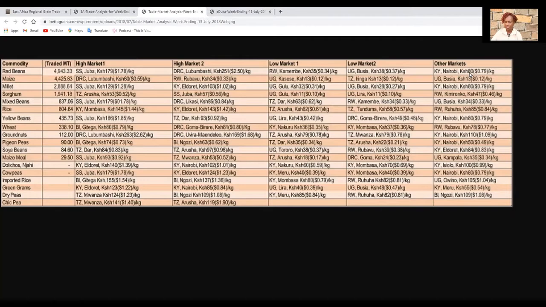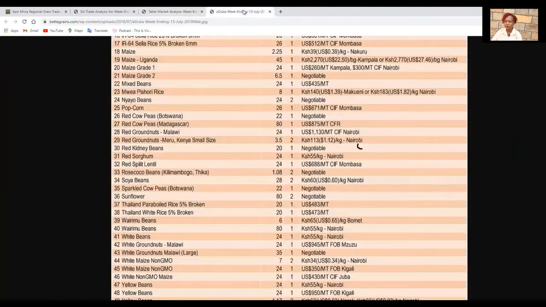For example, if you're in Kenya and you can see in Juba, it's selling at 179, this is potential business for you. And you could actually see how much was being traded. As you can see, there's a lot of trade in terms of red beans, maize, millet, and sorghum. And so basically, we used to provide this to help people make informed business decisions.